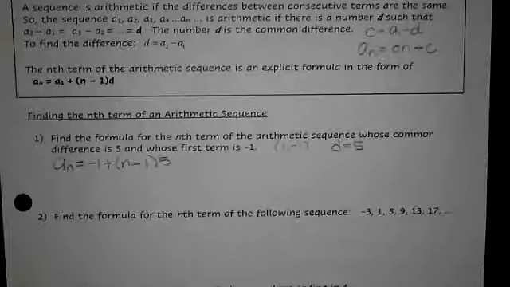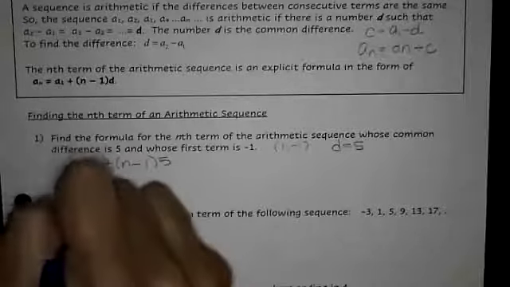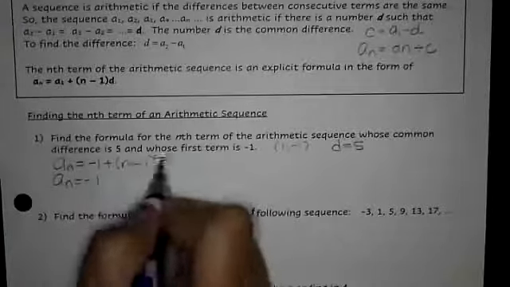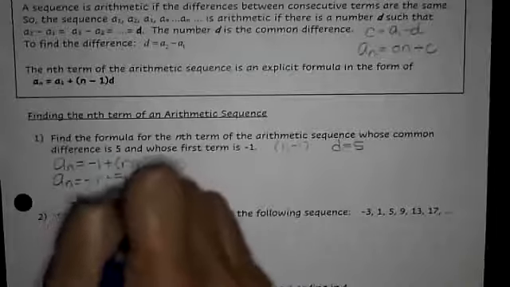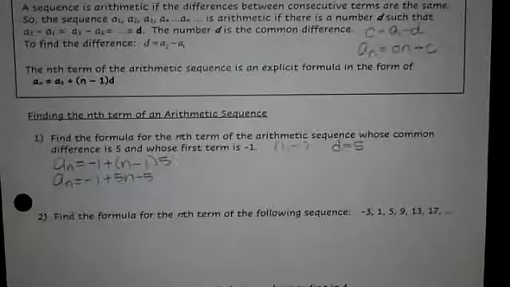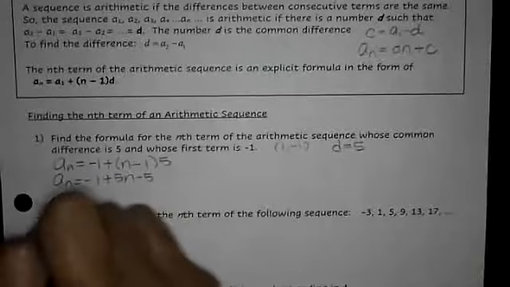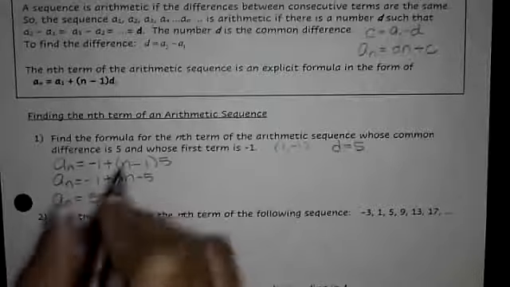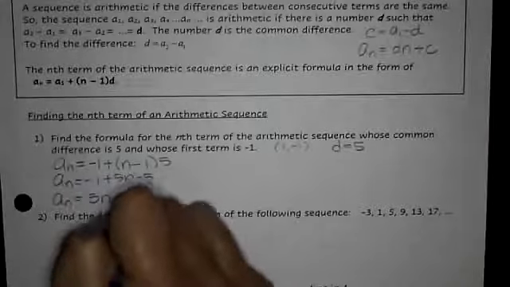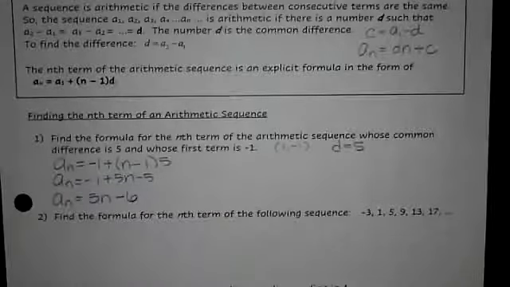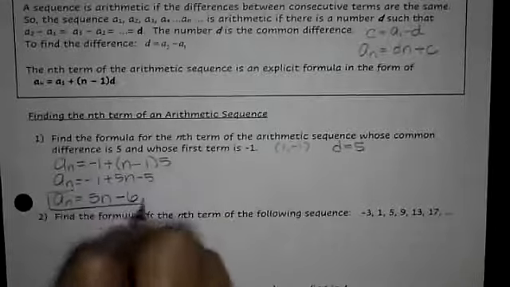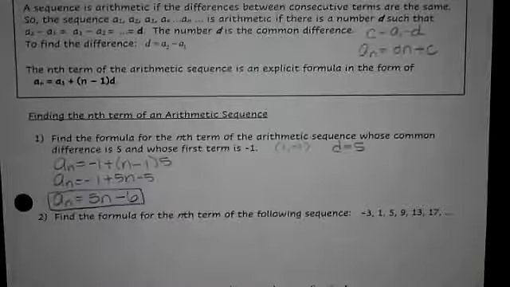Now we're going to go ahead and distribute. So we distribute the 5 there, and we get 5n minus 5. I combine my like terms. So -1 and -5 give us a -6. And so there is our simplified equation.